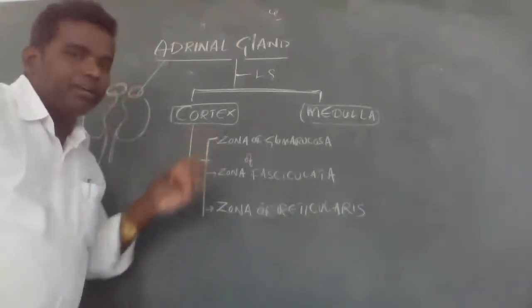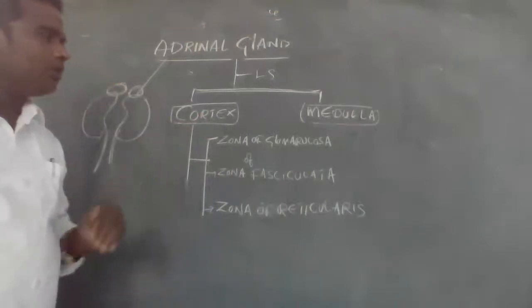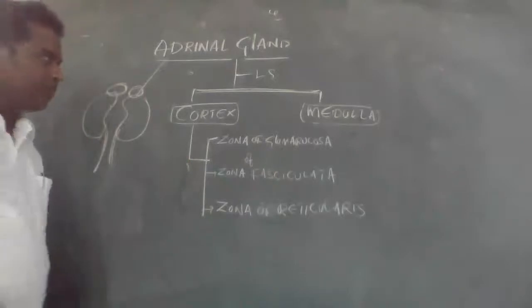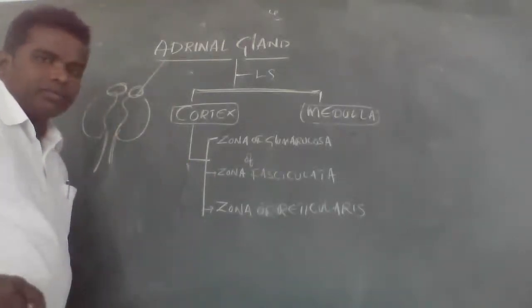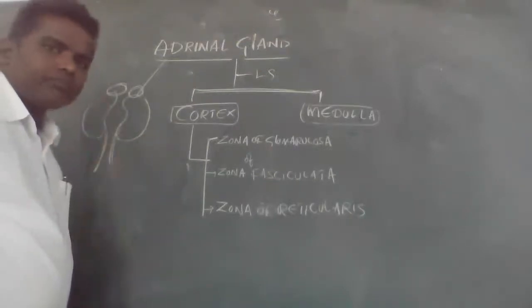Zona glomerulosa, zona fasciculata, zona reticularis. That is important about this cortex region. Now, discussing one by one, this flow chart is completed.